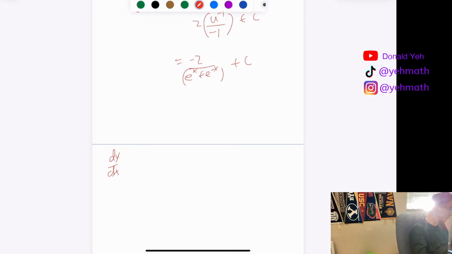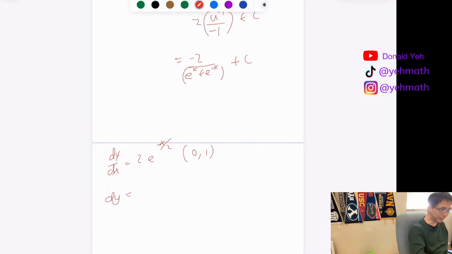101, 19? Yeah, okay. What are you supposed to do? Integrate, right? But you're supposed to separate the variables first. Let u equal negative x over 2.